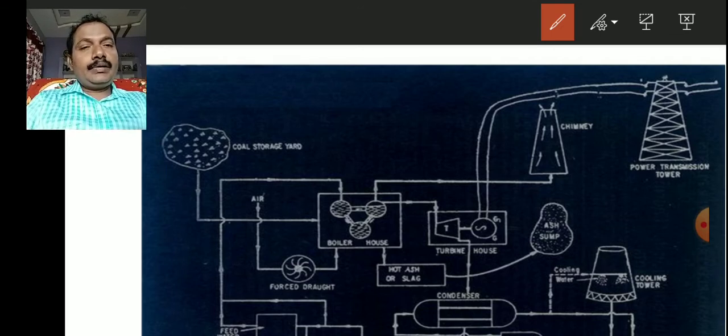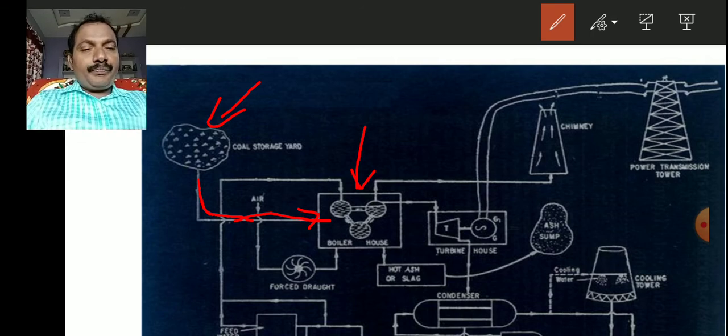In that, let me show you. So this is the boiler. Into the boiler you see the coal storage yard. This is the coal storage yard. From the coal storage yard, the coal is coming as a fuel into the boiler.